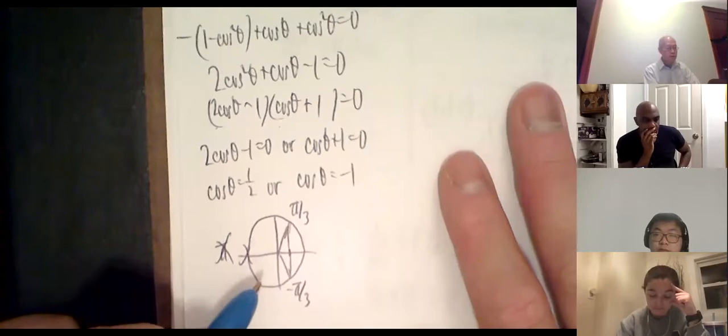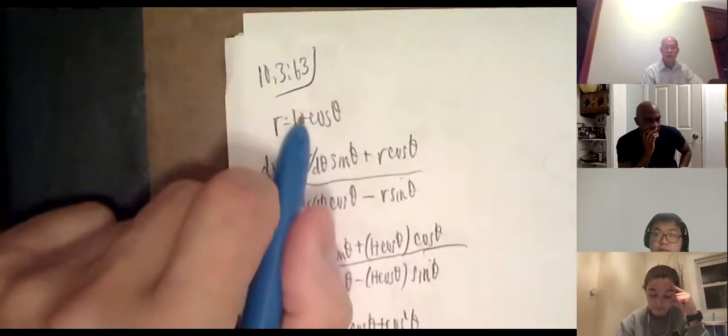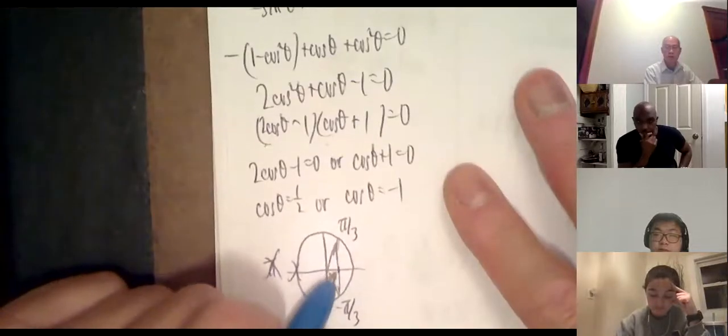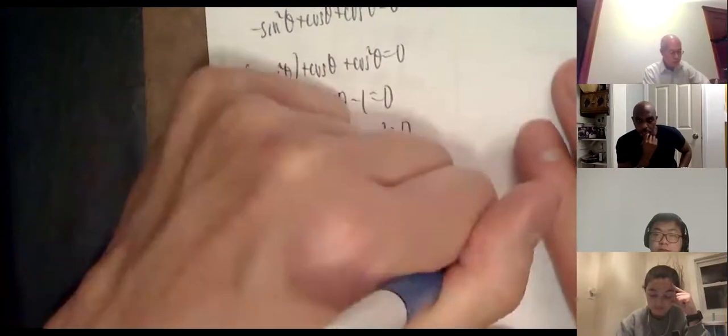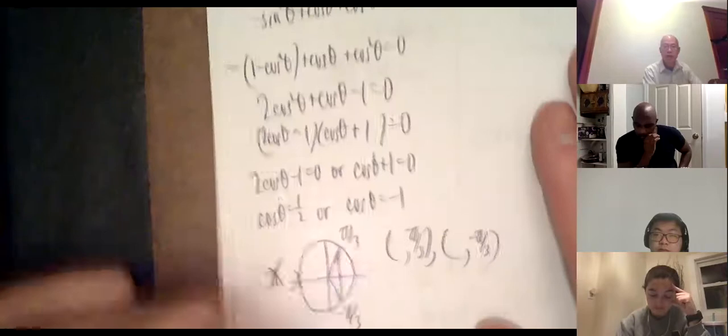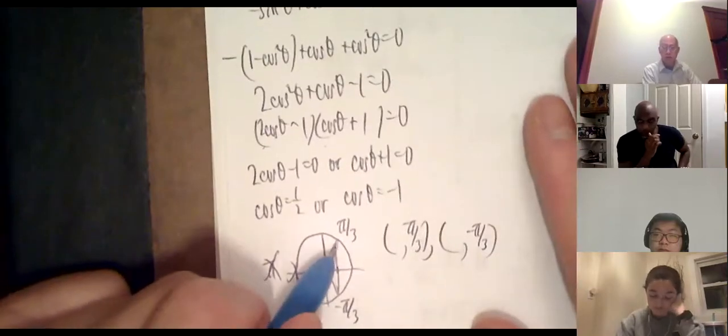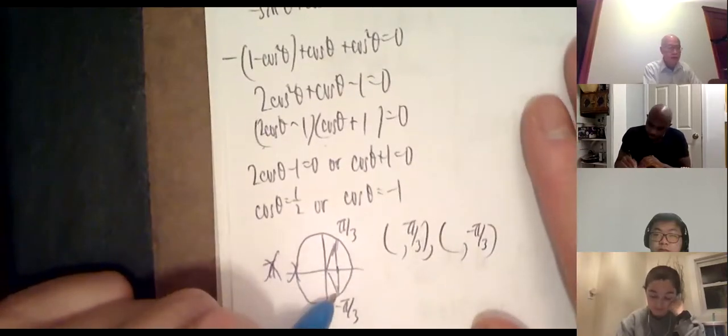Okay, they want us to list it as points. So I plug into here. Cosine of pi over 3 is 1/2. So I have pi over 3, negative pi over 3, and cosine of pi over 3, cosine of negative pi over 3 is 1/2.